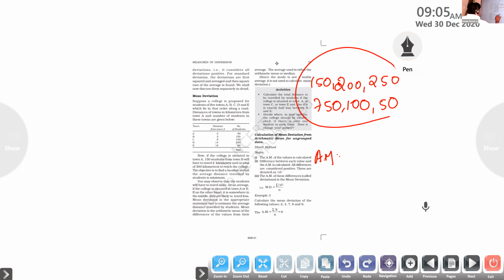Not only the arithmetic mean, you have to find out the mean deviation, MD, also, okay? Ashish Benny, what is that? Just check it one more time properly.